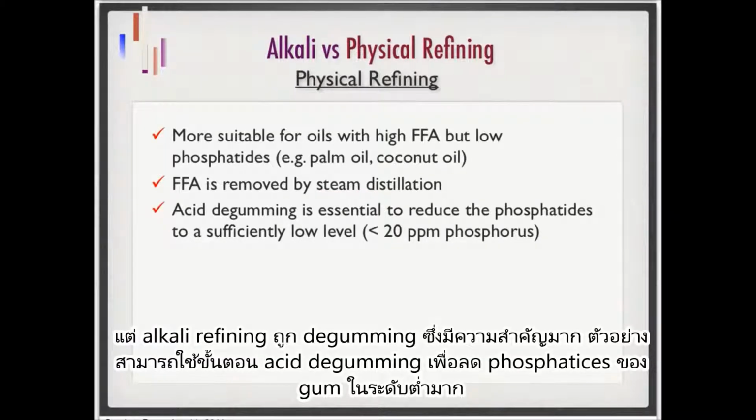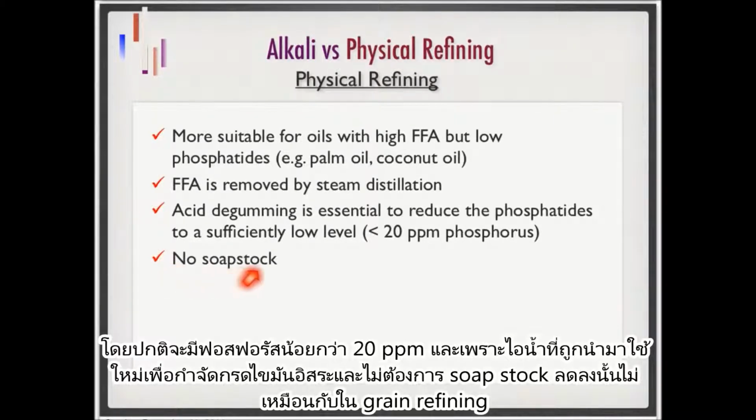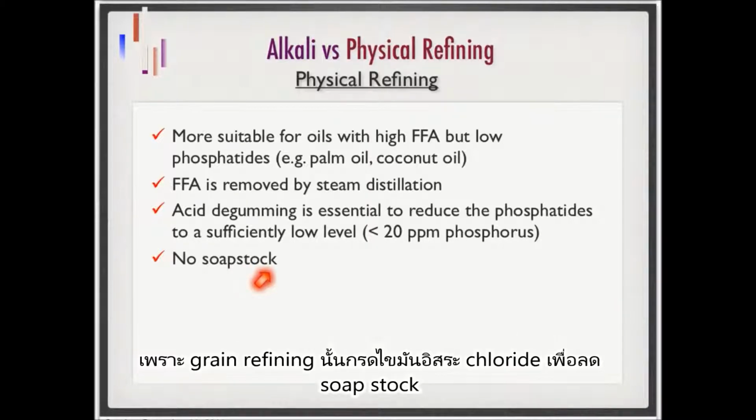But unlike alkali refining, where the degumming step may not be necessary, in physical refining the degumming step is very, very important. For example, we can use the acid degumming step to reduce the phosphatides or the gum to a very low level, usually less than 20 ppm phosphorus. And because we use steam to remove the free fatty acid, no soap stock is produced, unlike in alkali refining, because in alkali refining the free fatty acid is reacted with the alkali to produce a soap stock.